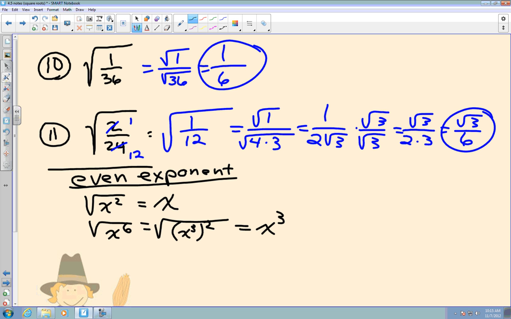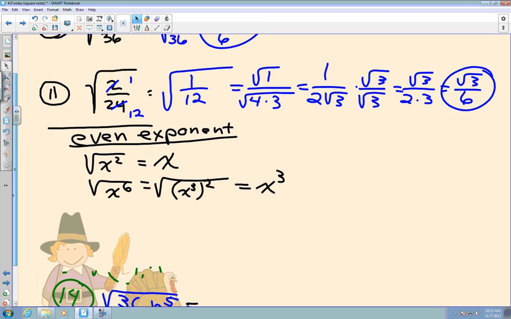You don't have to go through that intermediate step. I just wanted to show you why it works. With any even exponent, when you take its square root, you take half of the exponent. So x to the 8th would be x to the 4th if you took its square root. That's the way even exponents work.